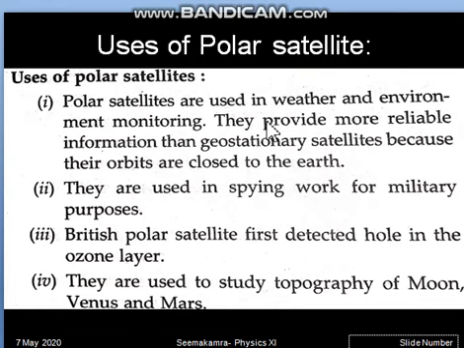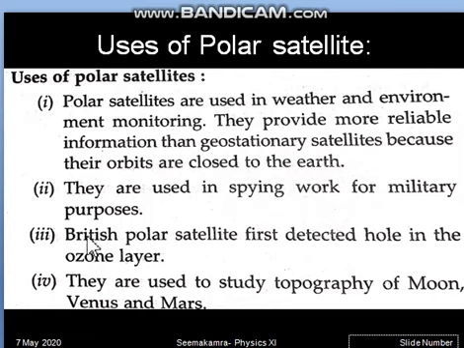So here are the uses of the polar satellite. Polar satellites are used in weather and environment monitoring, and they provide more reliable information than geostationary satellites because their orbits are close to Earth. In the same manner, these can also be used for spying work for military purposes.